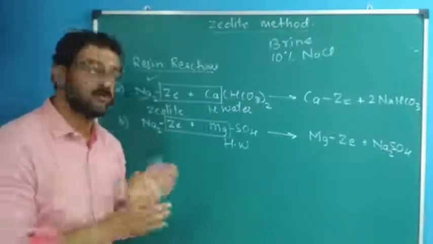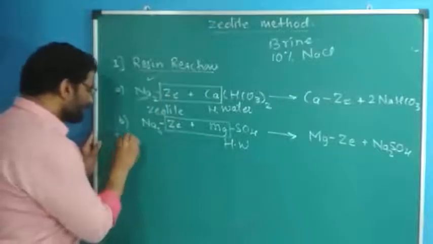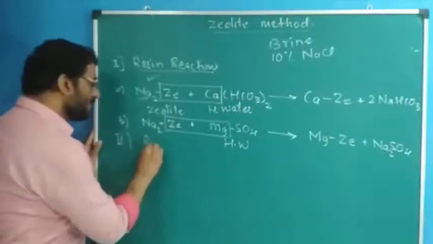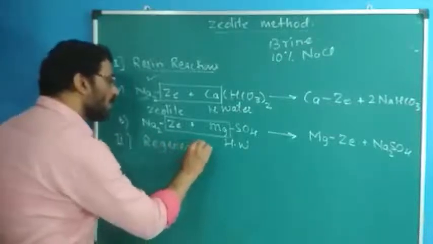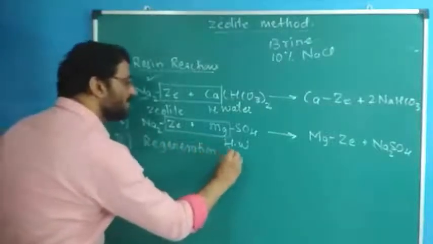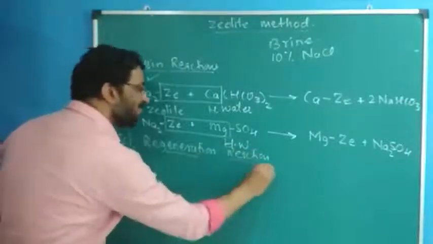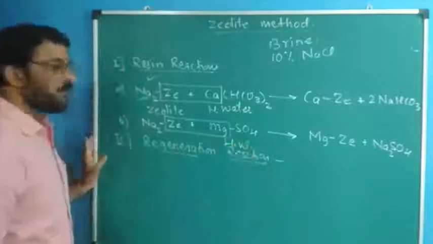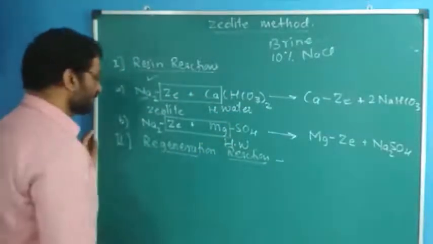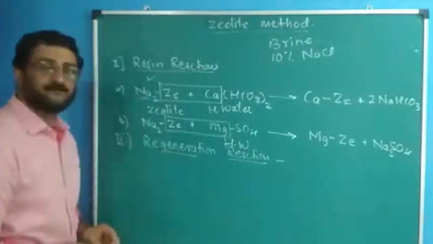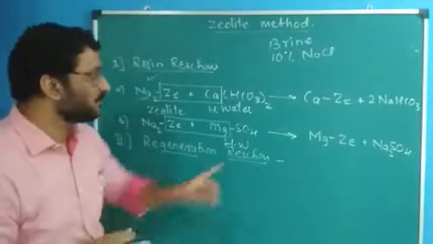Once it is reactivated, it can be reused again and again for softening of hard water. These reactions can be written as regeneration reactions or reactivation reactions. What do we use for regeneration? We use this. These reactions reactivate the exhausted bed of zeolite.